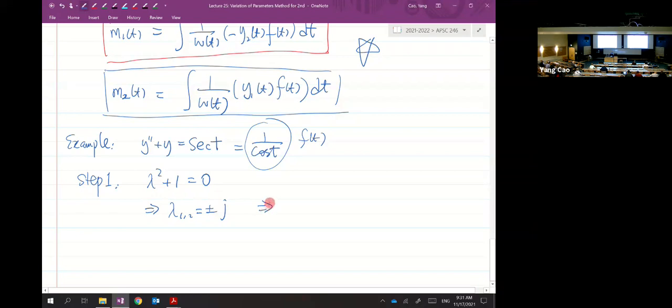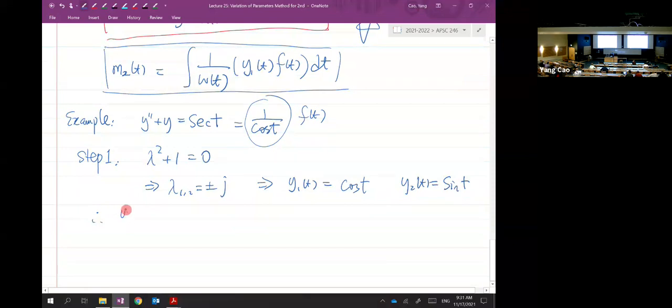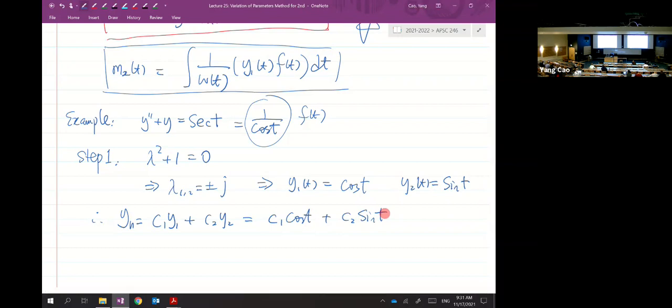When you have complex conjugate roots, alpha is 0 and beta is 1, so you have just cosine t for y1 and sine t for y2. This step is critical, because if you don't get the right y1 and y2, then the rest of the results will inherently be wrong. Then your YH is C1 y1 plus C2 y2, so C1 cosine t plus C2 sine t. So you're done with step 1 by obtaining the homogeneous solution.